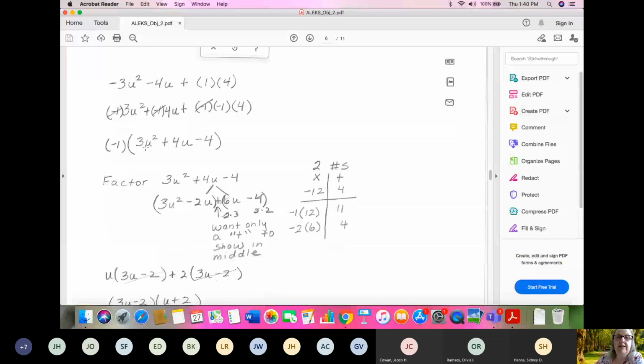For a lot of the problem, we spent factoring 3u squared plus 4u minus 4. But we still have to have this in our answer. I just didn't want to write that -1 over and over again, and I thought it would confuse the problem. Okay, that makes sense. Any other questions?